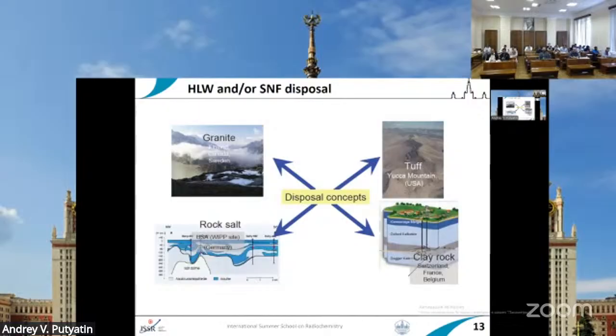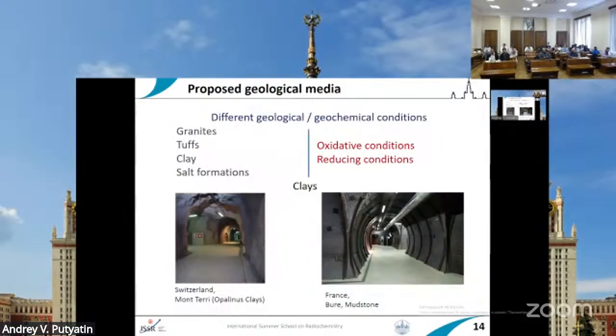So for high-level waste and spent nuclear fuel, there were several sites, several concepts based on different geological conditions. It was some volcanic tuffs. In the USA, it was rock salt formations, in Germany and in the USA as well. And it is clay rock formations and granites in different countries.